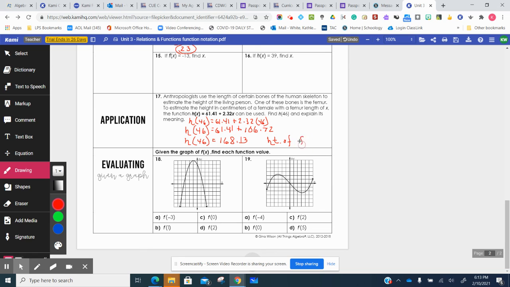Height of female. Now, does it tell us what we should be using? Is this in centimeters? See how it says right here centimeters? So we're going to put this as centimeters. And it's the height of the female, which is awesome, right?